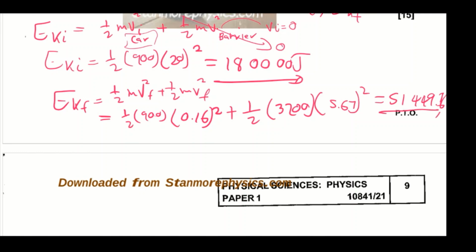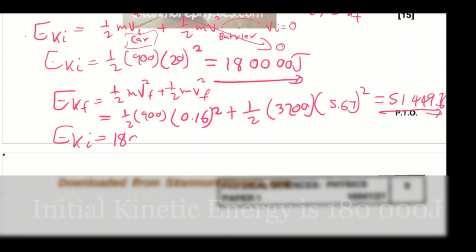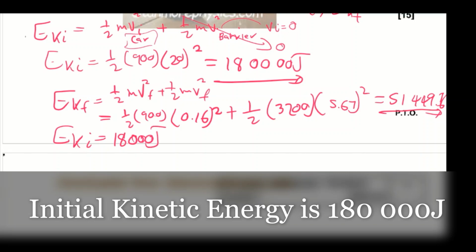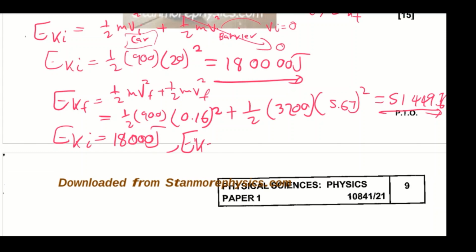So the EK initial is equal to 180,000, and then the EK final is going to be equal to 51,449.6, right?